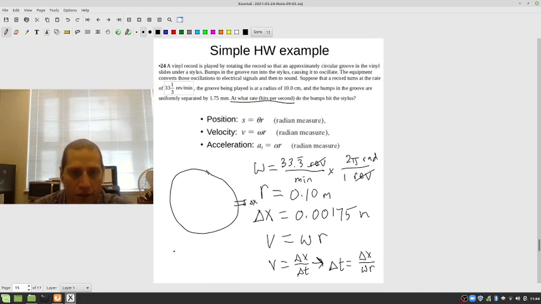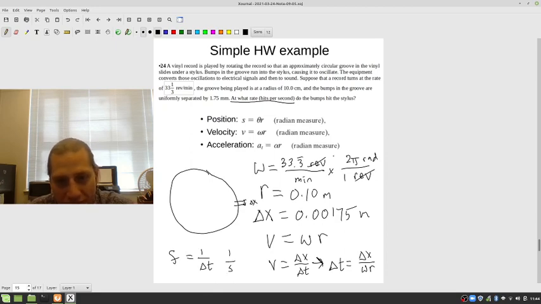So what they want is basically the frequency, which is going to be 1 over delta T. That's going to give you the number of times you would get that ridge hitting you per unit time, 1 over seconds.